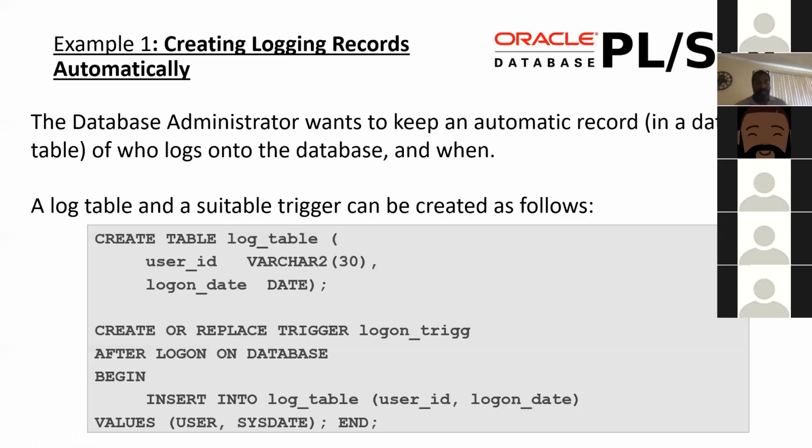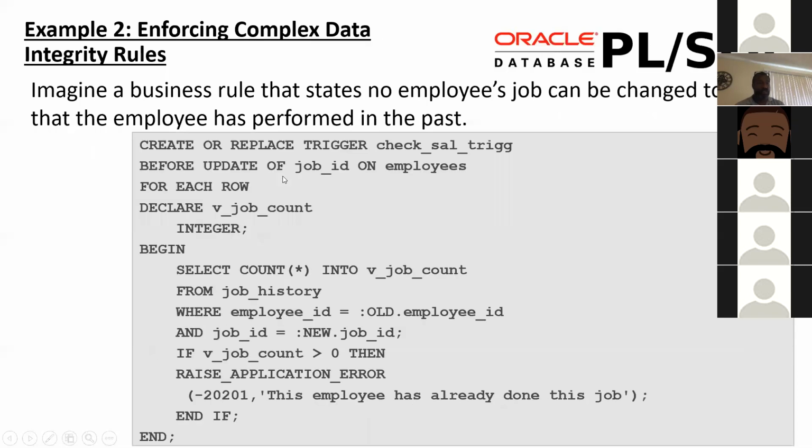You have system functions, user and sysdate. You've seen these before, and it just captures the user that's logged in. And this trigger is actually running by default for the most part on Oracle. You can have access to that syslog table, and that's one component of it.